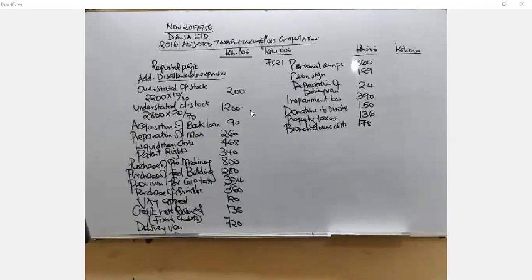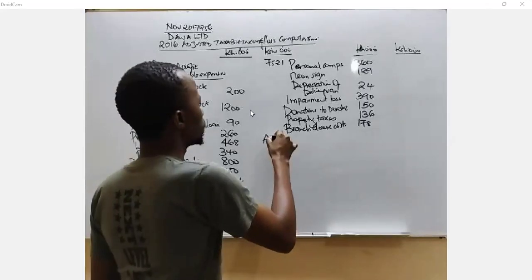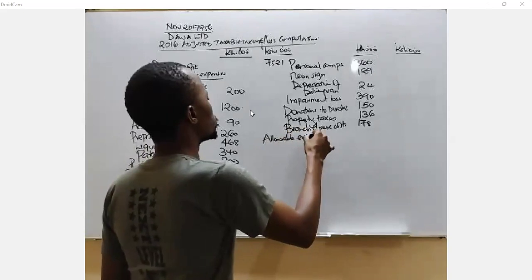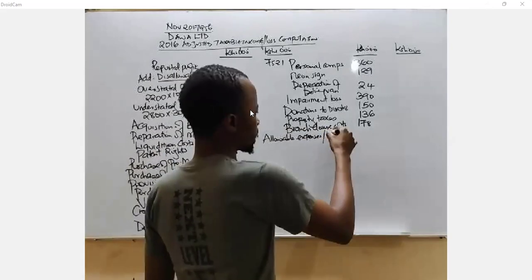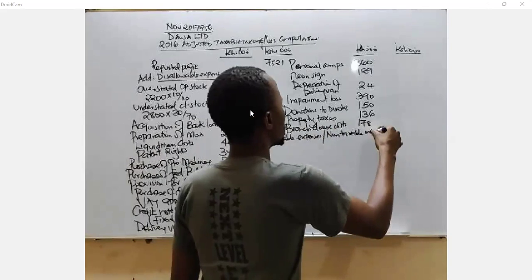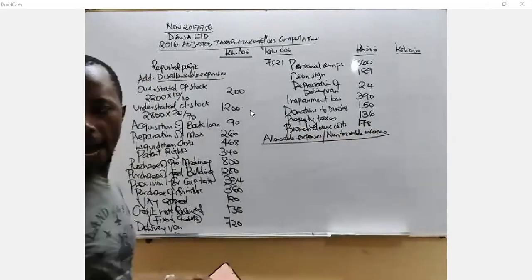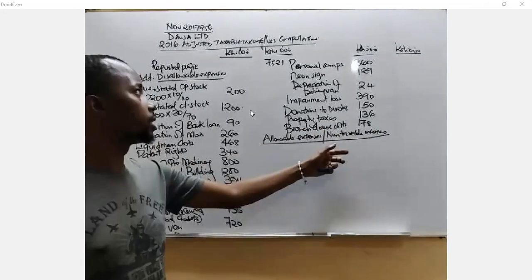Allow me now here to group two things. We group the allowable expenses which were not deducted. Now we deduct them together with non-taxable incomes. Because if the non-taxable incomes were added, it means they increased the reported profit here.